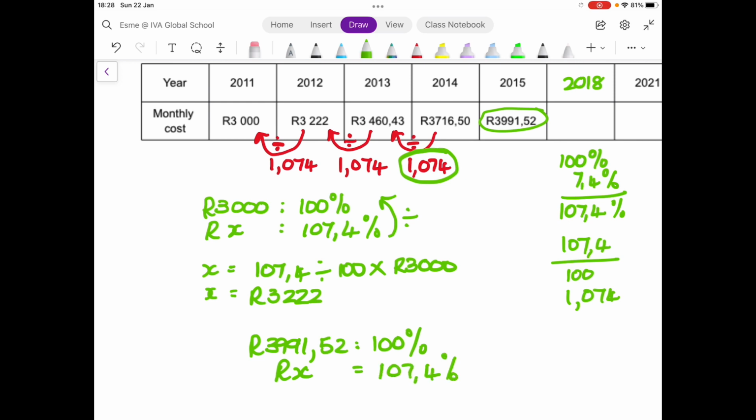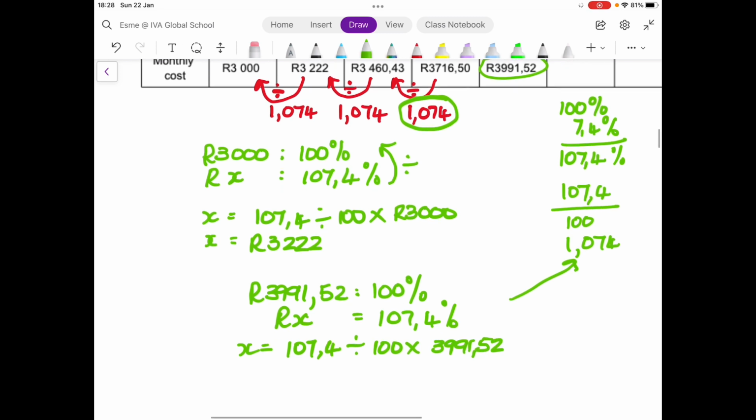That would be 107.4%. And you will see, if I take 107.4 divided by 100, I will get that value there. So I say x equals 107.4 divided by 100 times 3,991.52, and then I would get 4,286.892.